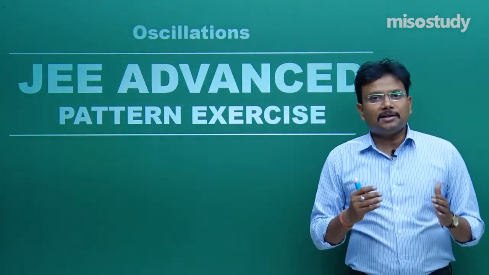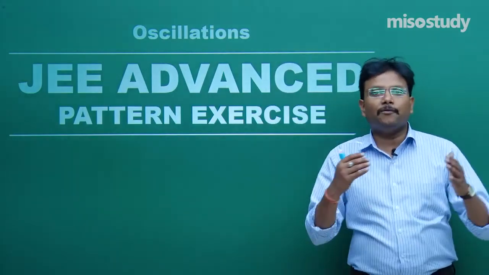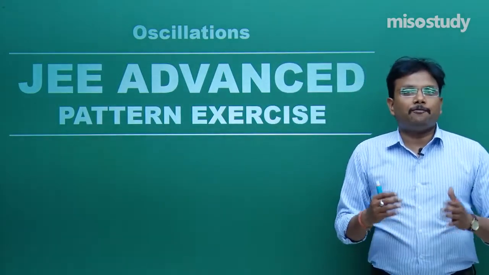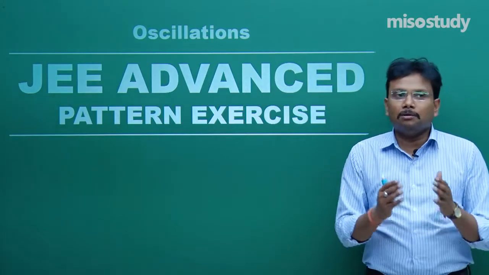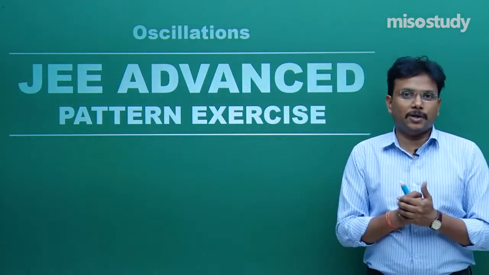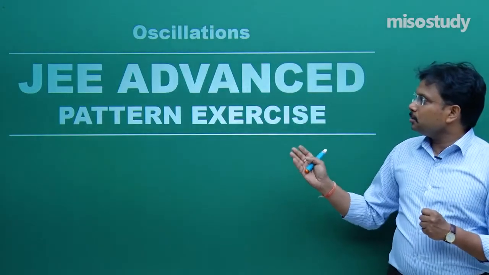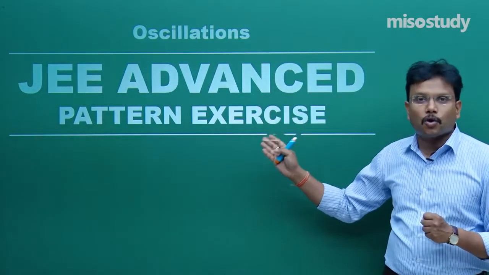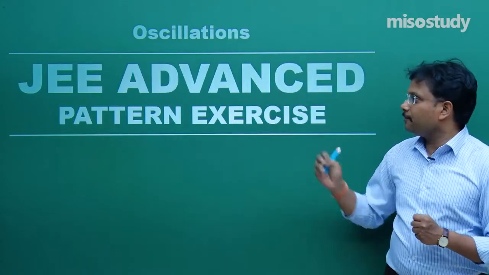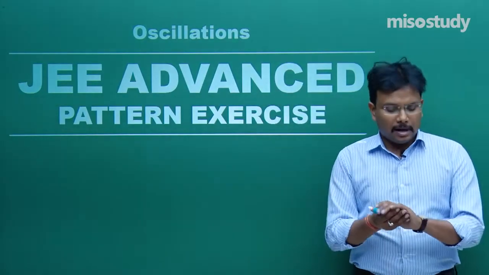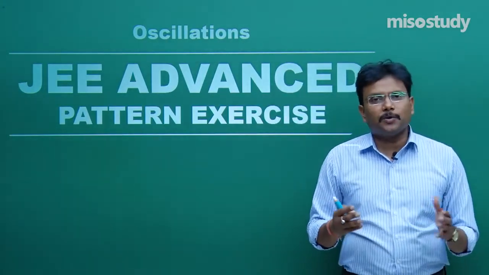Together, oscillations with waves in class 11th form a very important unit of your competitive exams. Almost 2 to 4 questions come, and because it is the advanced pattern, the pattern of the questions varies.